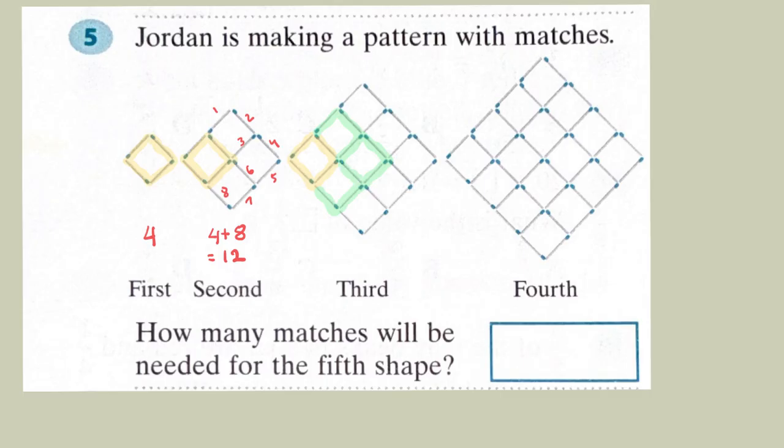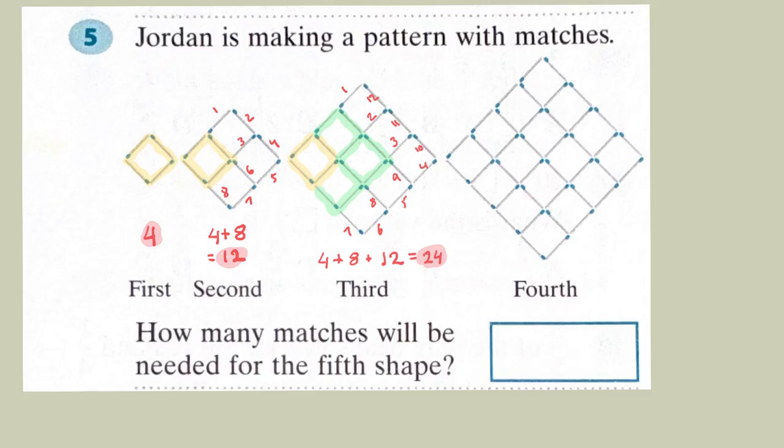And now how many more matches are there now? Let's try. 1, 2, 3, 4, 5, 6, 7, 8, 9, 10, 11, 12. So we are saying that it has 4 matches plus 8 matches plus 12 matches, and that will make it altogether 24 matches. So we had 4 matches, 12 matches, and 24 matches.